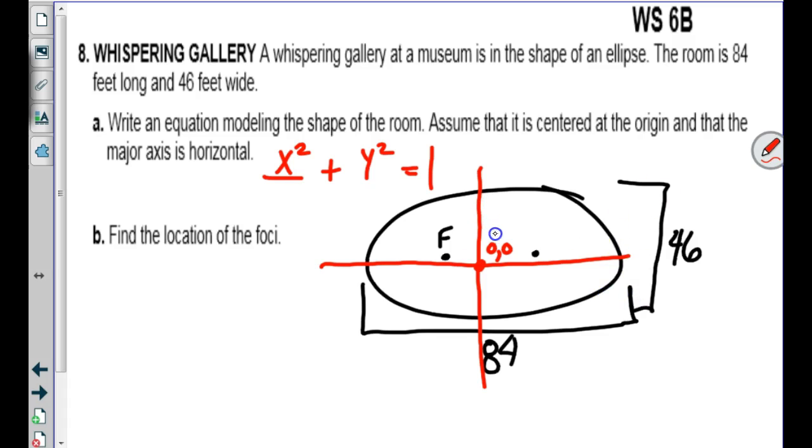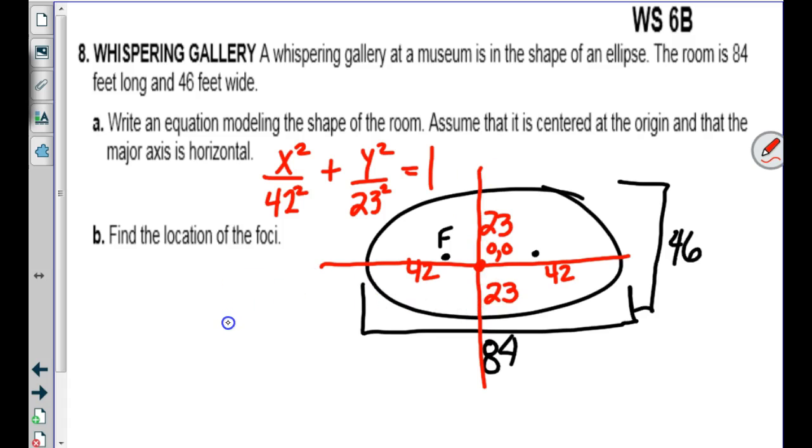Okay, the y is 23 up and 23 down, and the x across is 42 and 42, half of the major and minor axis. Are we good? Right, Nolan? So underneath the x, what are we going to put? 42 squared, isn't it? I'm just going to write 42 squared. And in the y, we'd have 23 squared, which is 529, you're telling me? Okay. I'm just going to leave it. Yeah, because A is the distance in either direction.